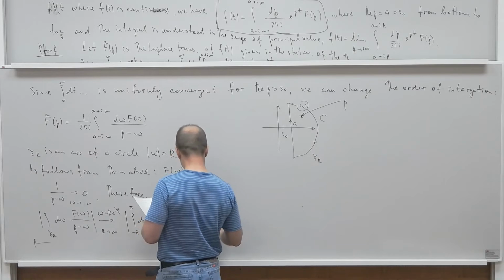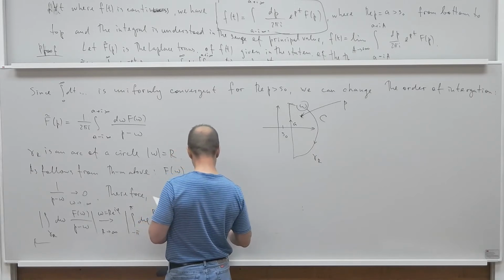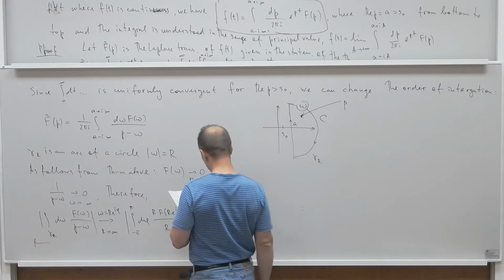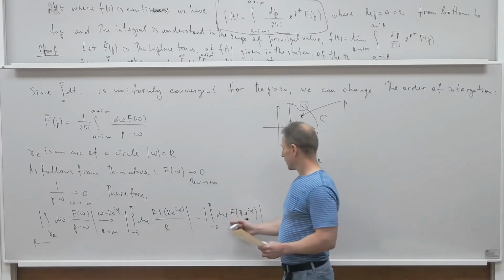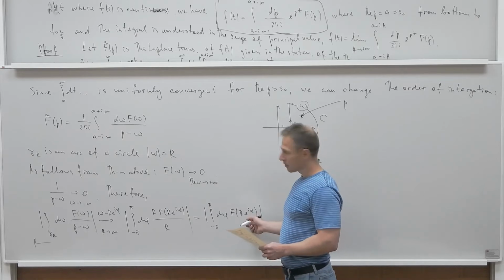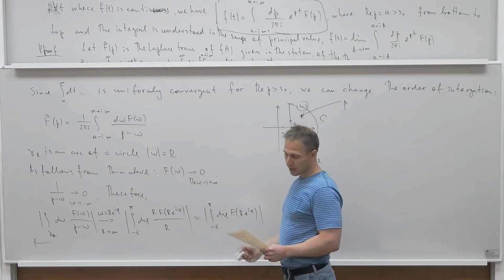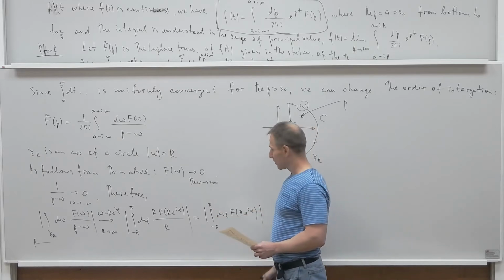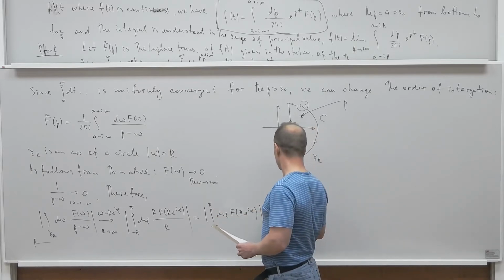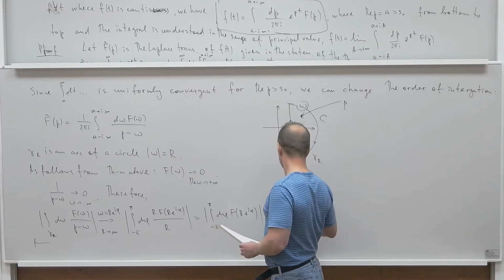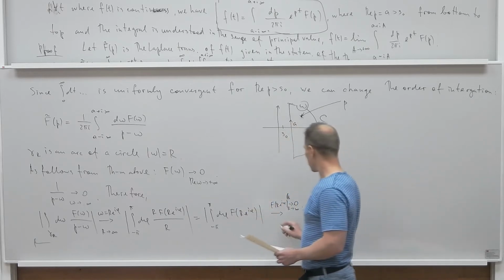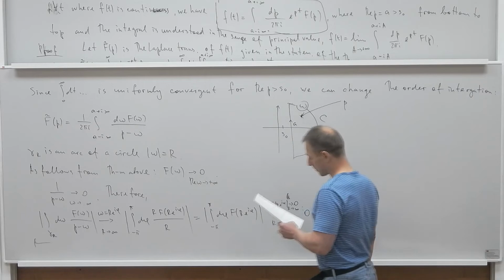Then we have such an integral, and the integrand of this integral tends to 0, and the integral is carried out along a finite segment of a real axis. So the whole integral tends to 0 when R tends to infinity.